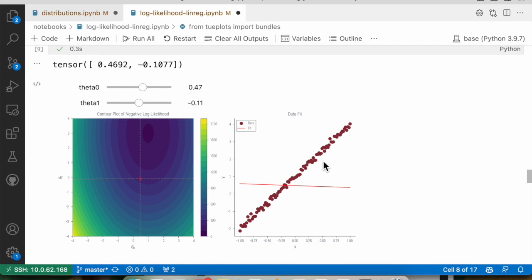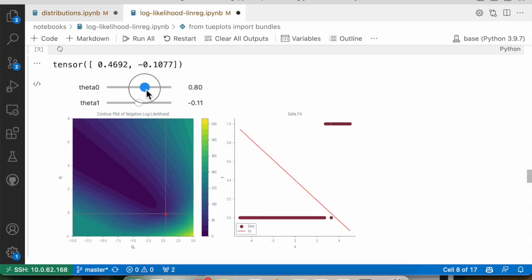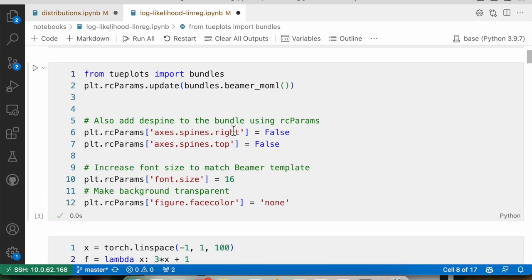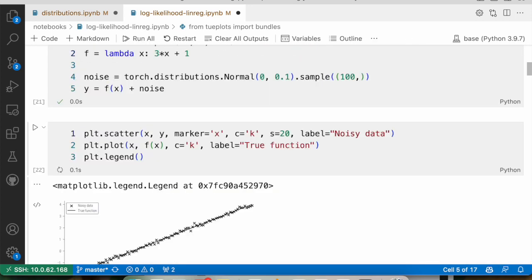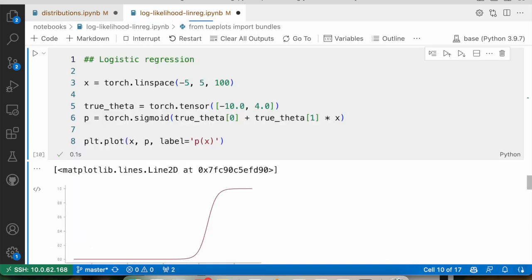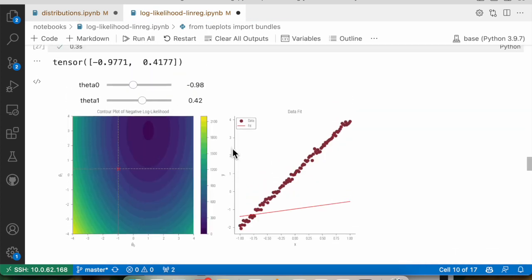And you can very easily see, if we had an interactive plot like this, the true values were 1 and 3, right? And you'll see that as I increase theta naught, okay, this is run over the previous data sets. Let me run again. Right, so as I increase theta naught, you can see that the loss is decreasing in the contour plot as well as the fit is becoming better.